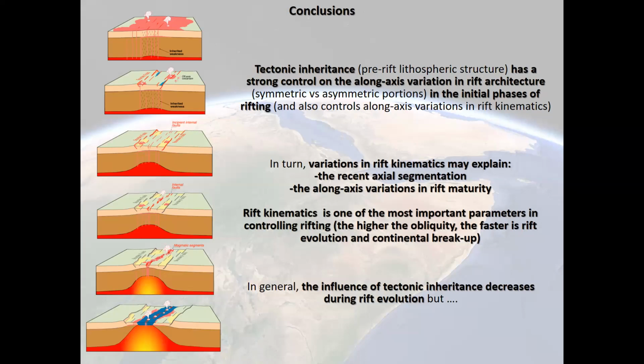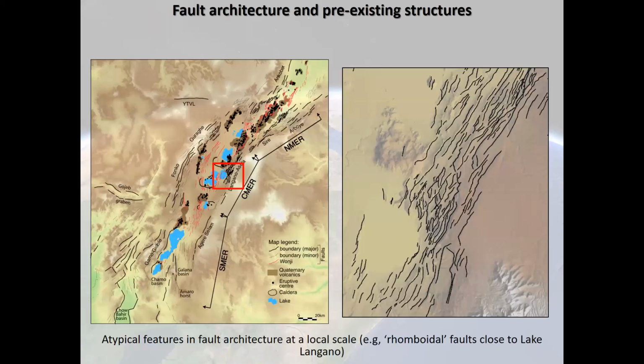Although we still see important influence of tectonic inheritance and the occurrence of the existing structures in at least some of the characteristics of rifting in Ethiopia. For instance, we see that in some places like here, in the central part of the rift, close to Lake Langano, we have some atypical features in the architecture of the large boundary faults.